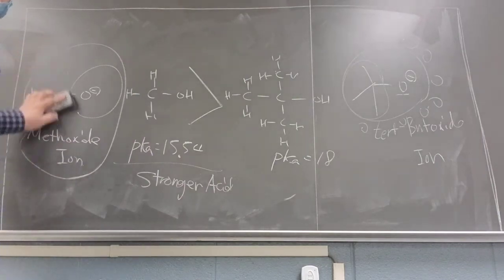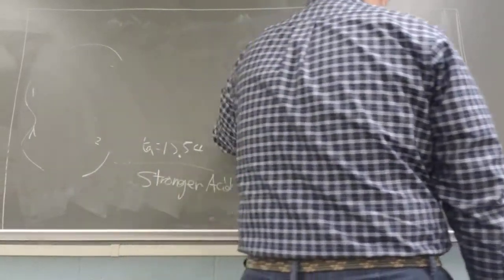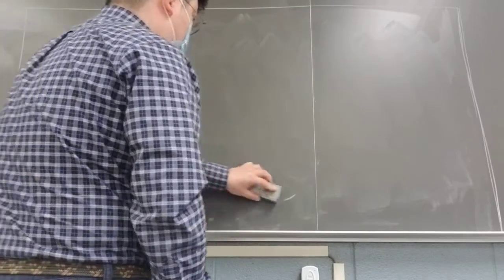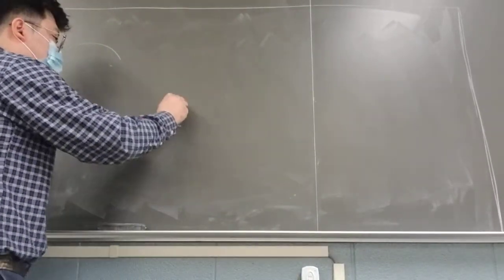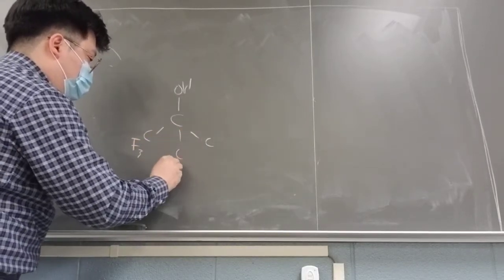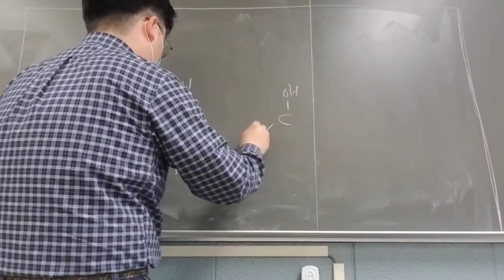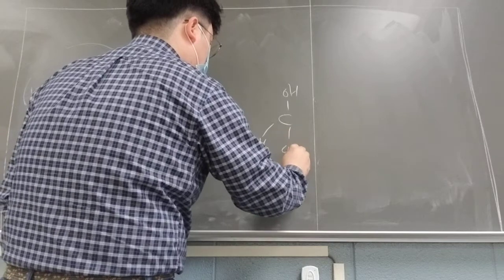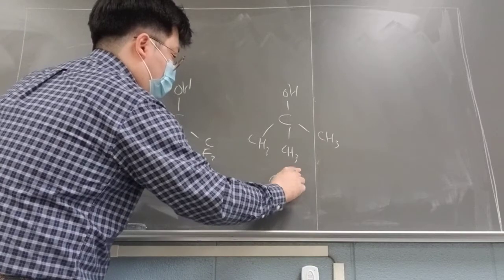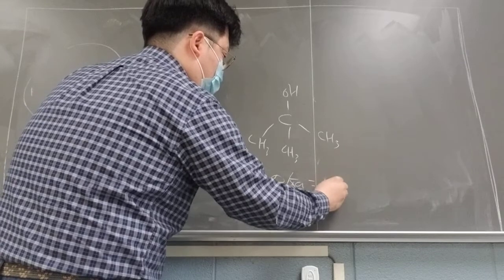So another thing you can think of is induction. Oh, this is the last one today. So if you have this one, once again, the pKa for butyl alcohol is 18.